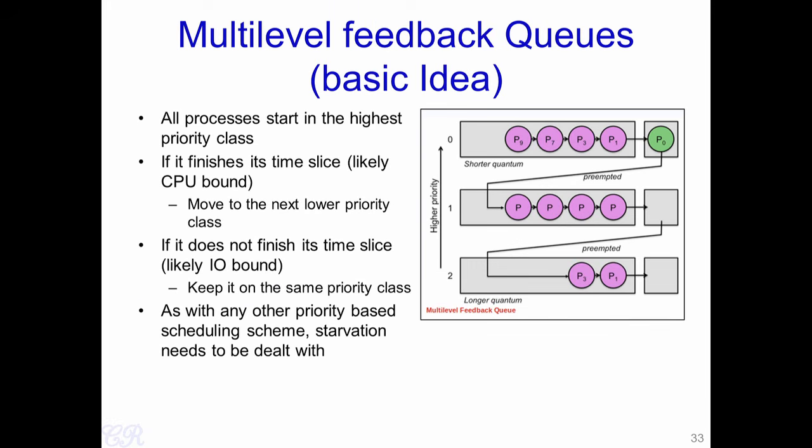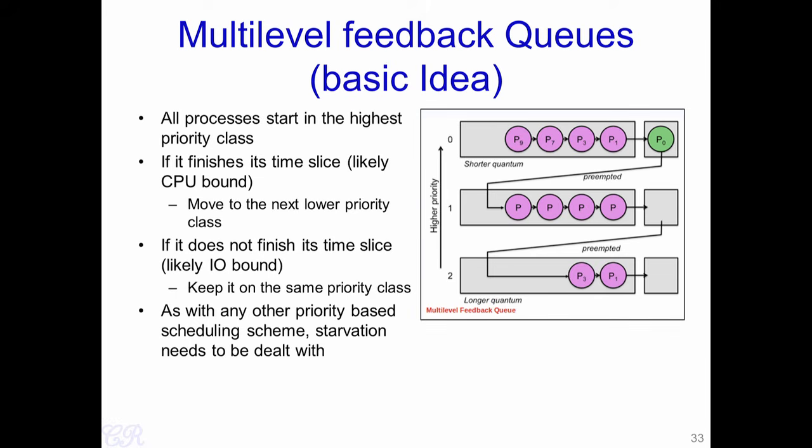The basic idea of a multi-level feedback queue based scheduling algorithm is the following. All processes start with the highest priority or a base priority. Now, if the process finishes its time slice, that is, if the process executes until its time slice completes, then the assumption is made that the process is a CPU bound process.